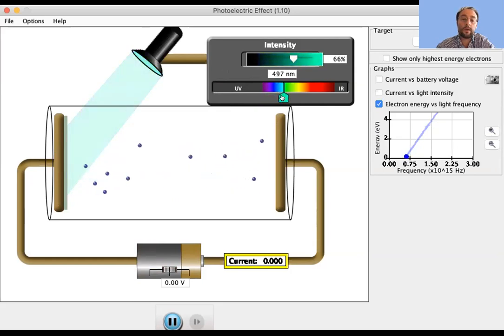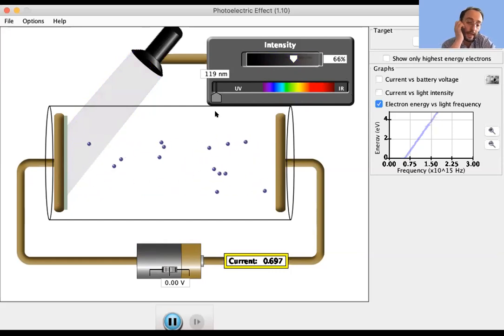And now we've reached the threshold frequency. If I decrease frequency any lower, nothing comes out. So there exists a critical frequency, and beyond that critical frequency, electrons move faster and faster. Okay, so that's the simulation.